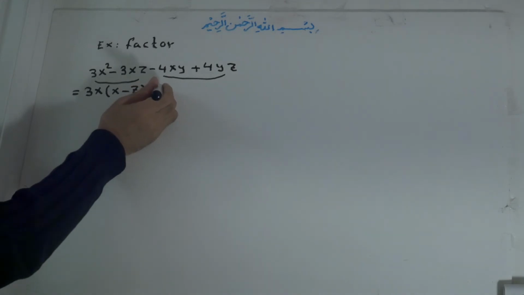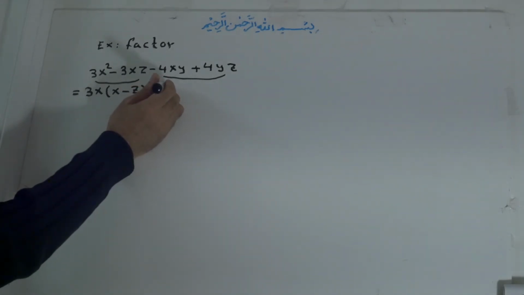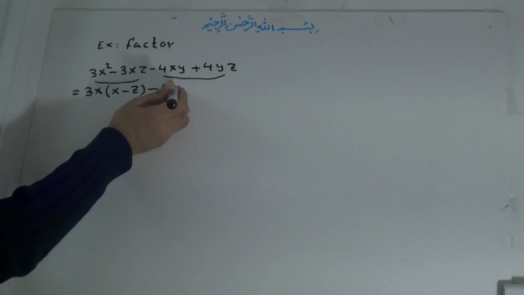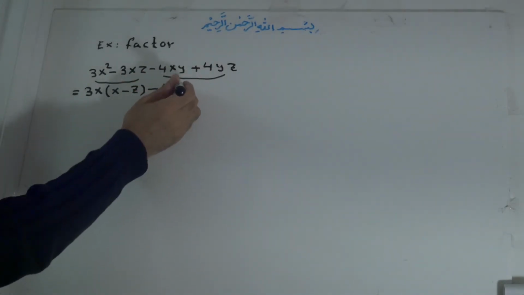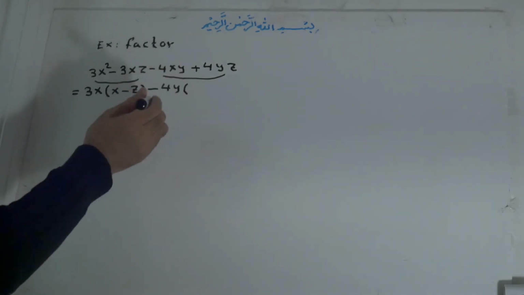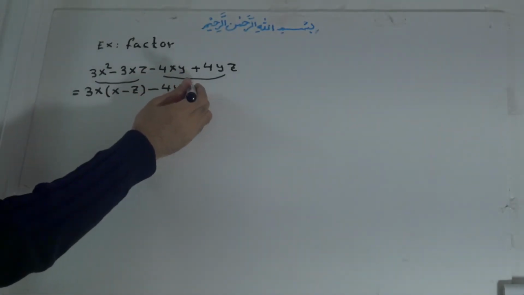Now here the common factor is 4y. 4y is out, or we remove it outside. The only thing remaining is x.